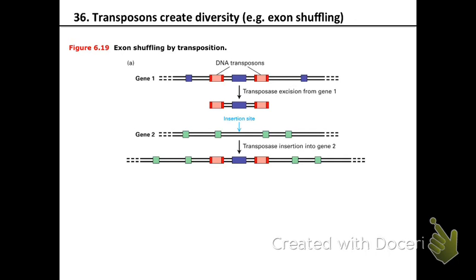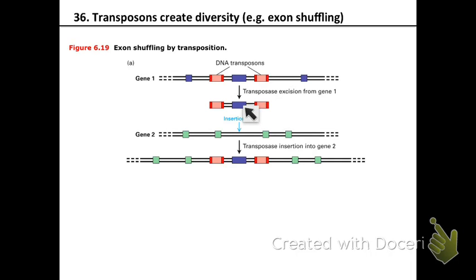And if that domain, by chance, is taken by transposition and inserted into another protein, then that protein is going to have the DNA binding domain of the original gene, right? And that's something that happens, and it's called exon shuffling. And it can be done by both DNA transposons and retrotransposons.